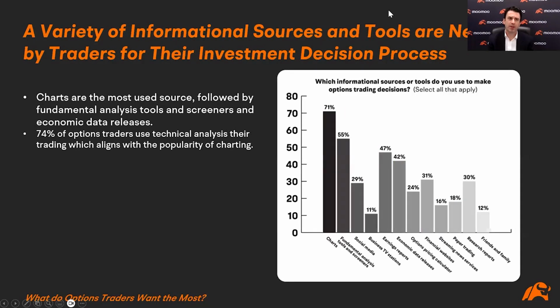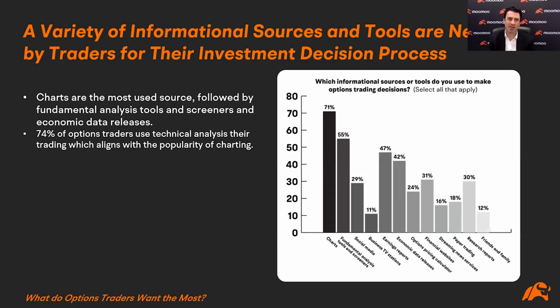And then in terms of the informational sources and tools, again, it's a wide variety that they're using, and we do see charts being by far the number one most important thing. Obviously, for active traders, technical analysis is very important, but fundamental analysis is also very important.